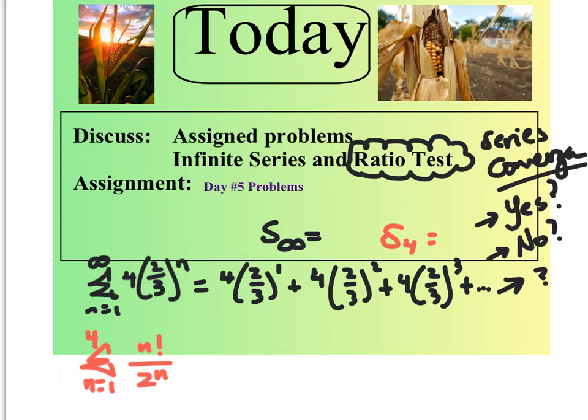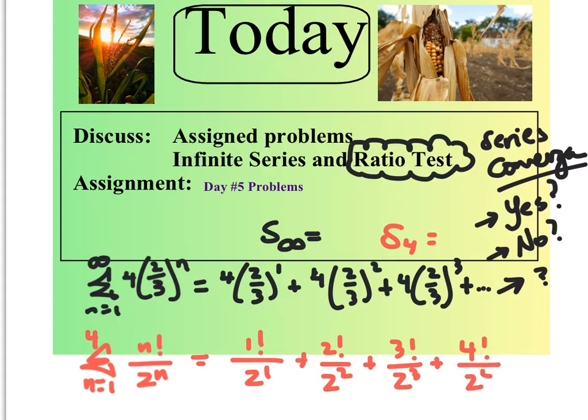The second one would be n factorial over 2 to the n, which would be 1 factorial over 2 to the first, plus 2 factorial over 2 to the second, plus, oops, I'm sorry, that should be 3 factorial over 2 to the third, plus 4 factorial over 2 to the fourth.